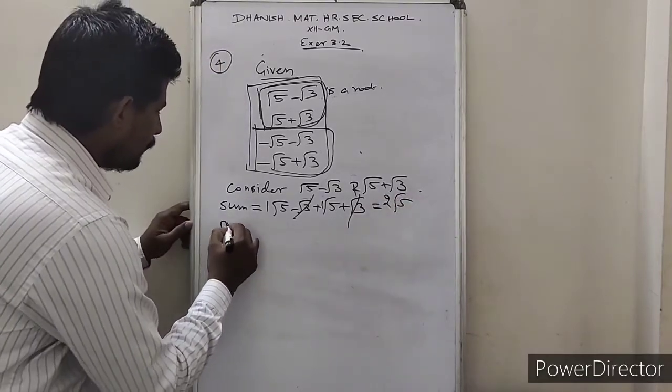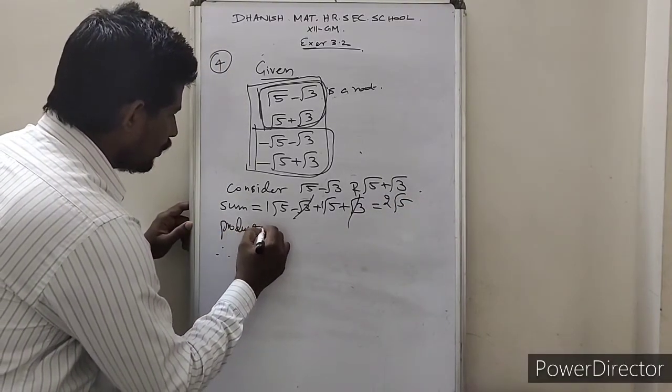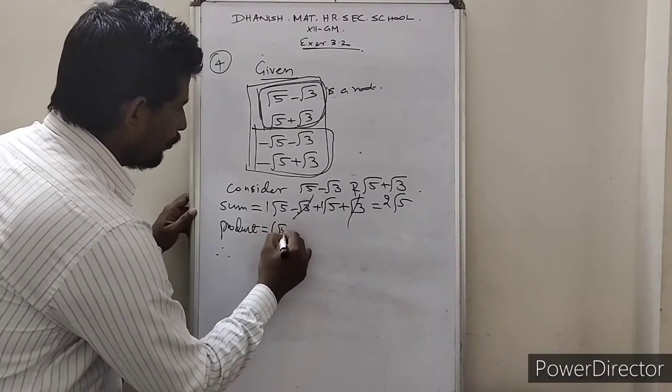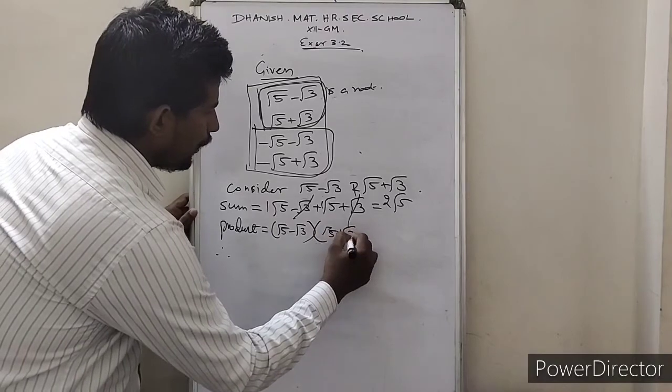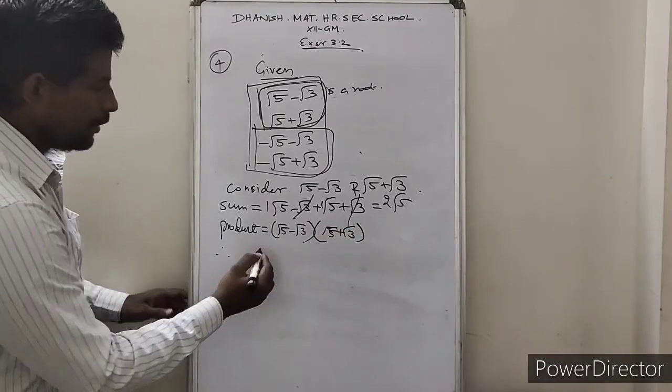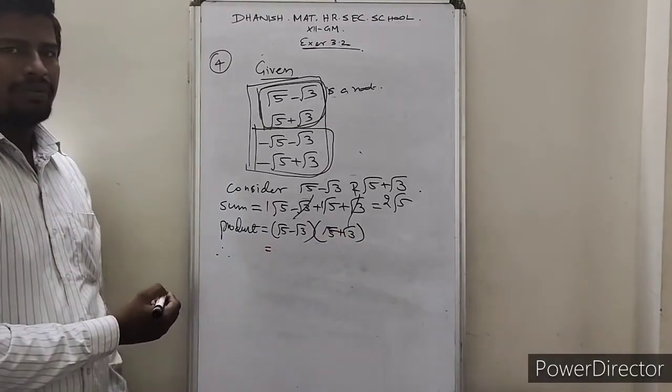Then we are going to find the product of the roots. Root 5 minus root 3 into root 5 plus root 3.